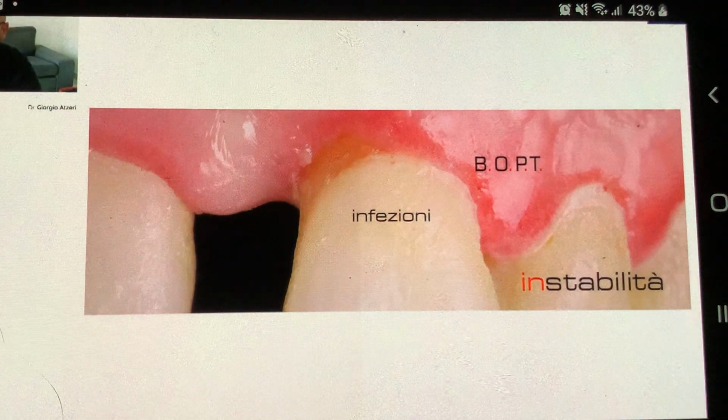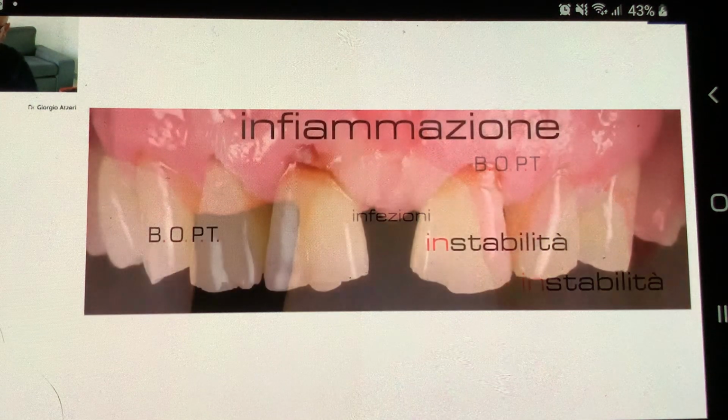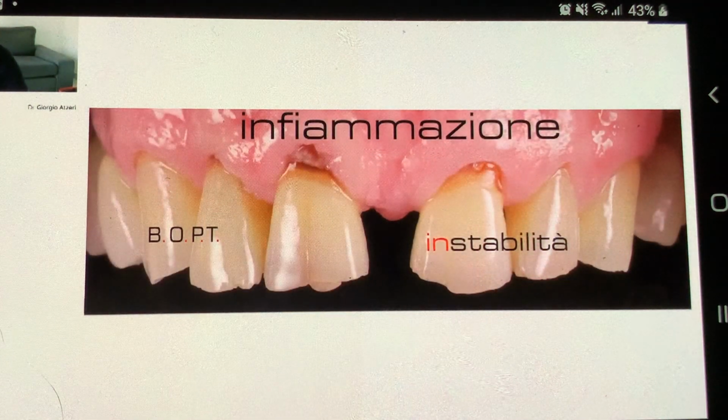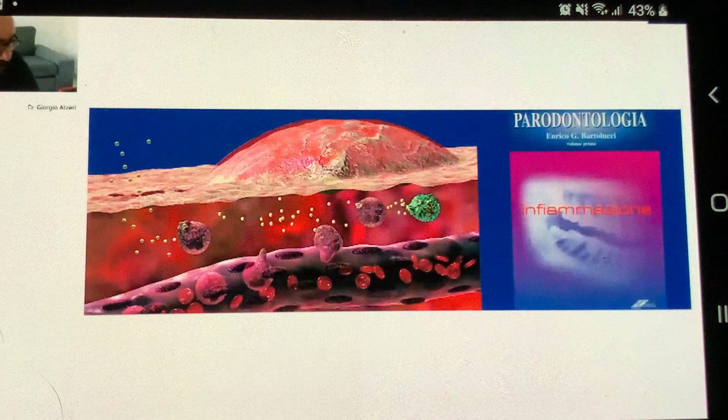All of these things are characterized by something more important, that is to say, the inflammation. All of these processes, the movement of the gums, are always characterized by inflammation.